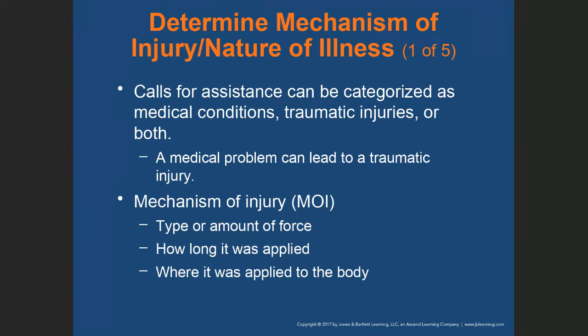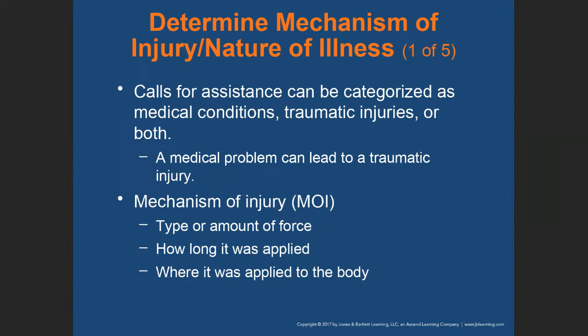Why is this important? It is important for us to determine what type of mechanism it is in terms of it being localized or diffuse, because if we consider the mechanism to be diffused, meaning the possibility for multiple trauma exists, then we will treat this patient as if the patient has a spinal injury until it is ruled out in the hospital.